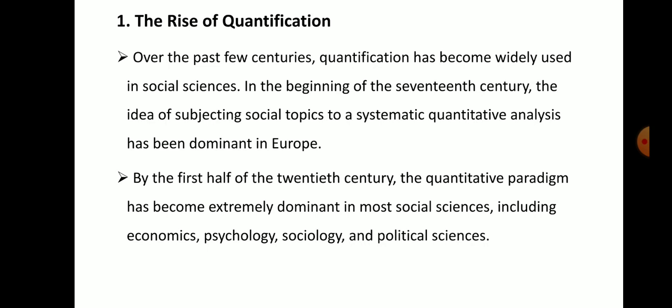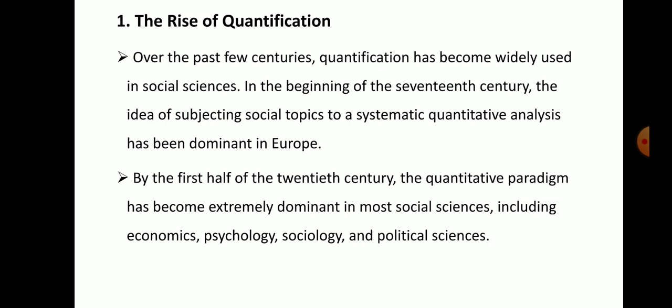In fact, practices of quantification have been widely used, particularly in Europe, since the 13th century. In the first part of the 13th century, the idea that social topics should be subjected to a systematic quantitative analysis has begun to acquire real dominance in Europe.